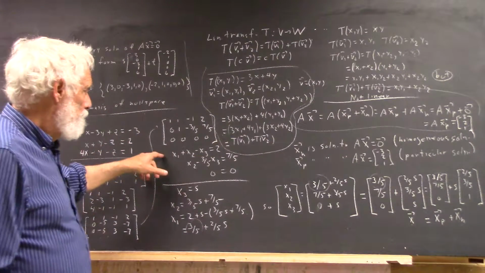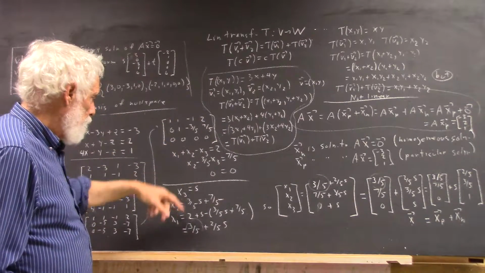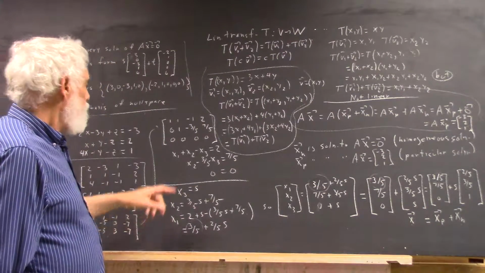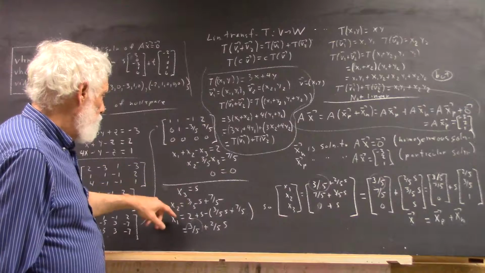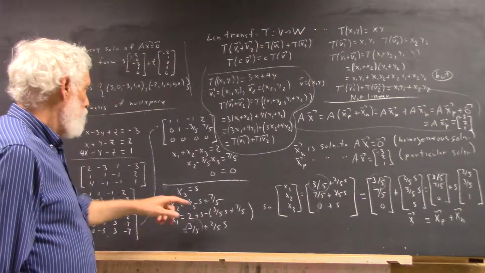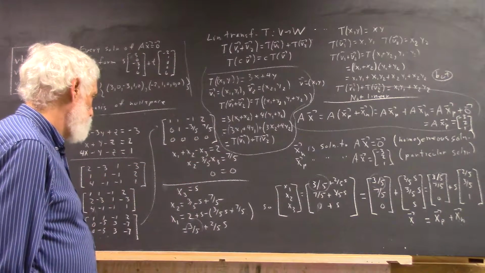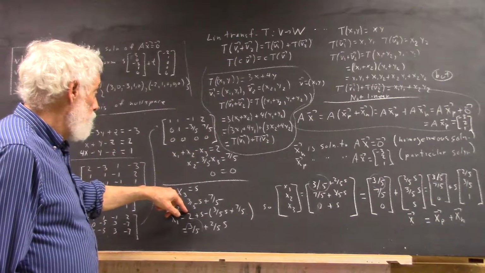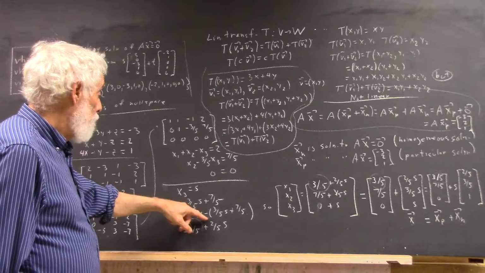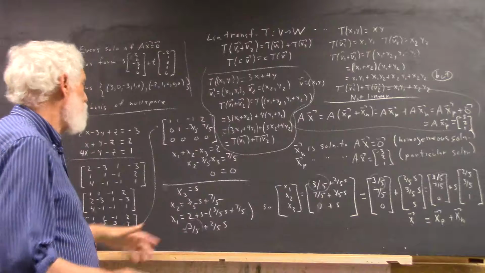I'm not going to go through the details of that. These equations translate to this. We're going to let x3 be our free variable, and we're going to call that S. And then from this equation, we get x2 equals 3/5 S plus 7/5. And then plugging that in here, we get x1 equals 2 plus x3, which is S, minus, well, plus x2, sorry.